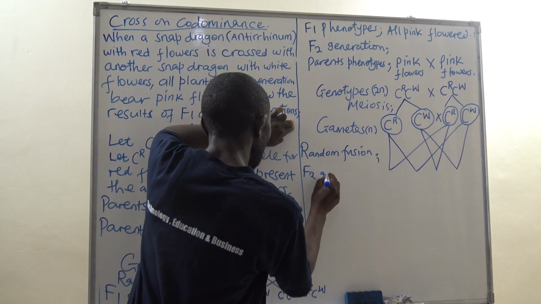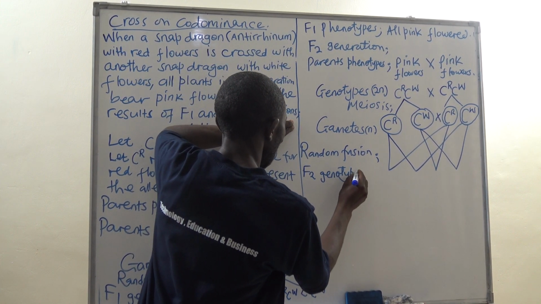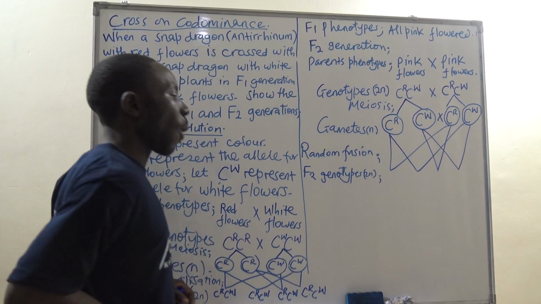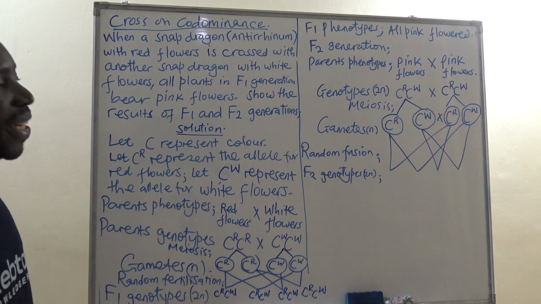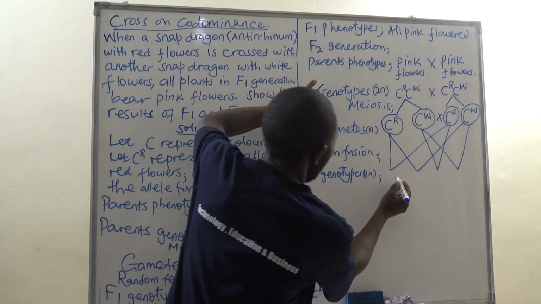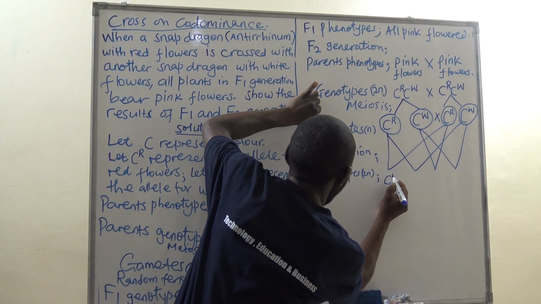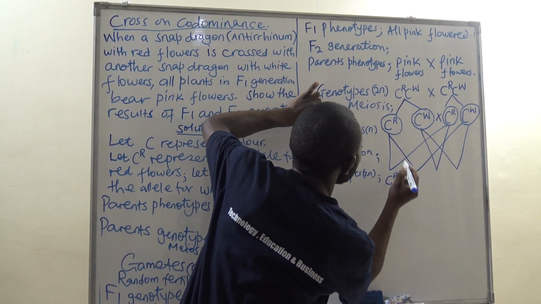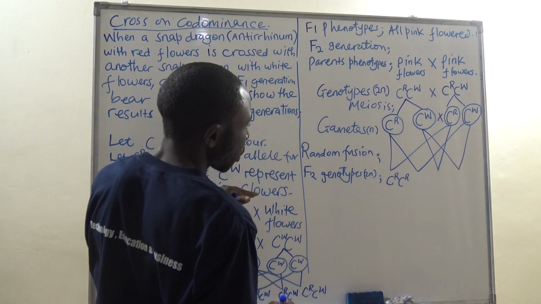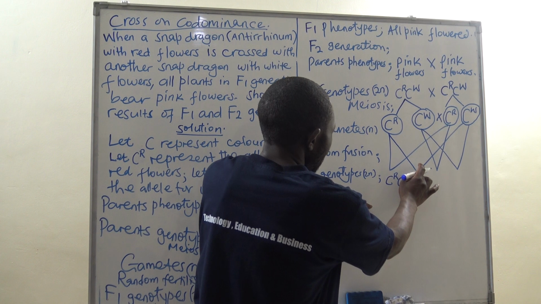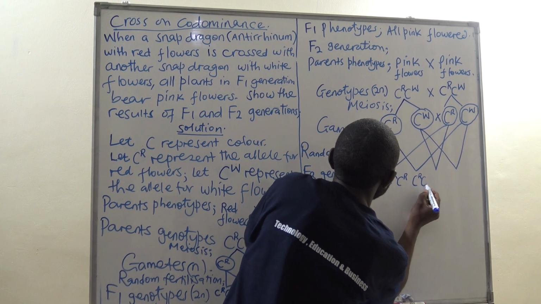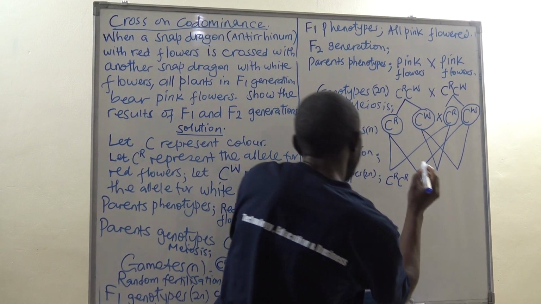F2 genotypes, where the diploid condition has been restored. What do we see here? This offspring will bear genotype C^R C^R. This one will be C^R C^W.